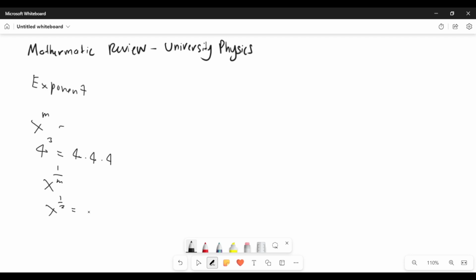This is equivalent to the root of x. Or x raised to the 1 over 3 is equivalent to, I forgot what it's called, maybe cubic root. Sorry, this is 3. I know I have terrible handwriting. And next we are going to look at the exponent rules.